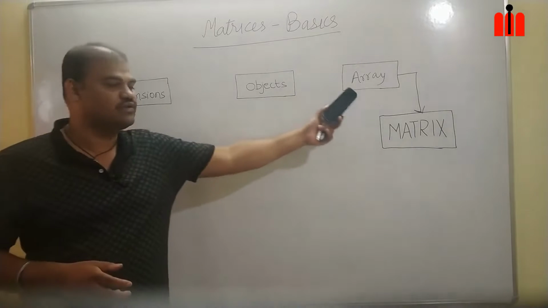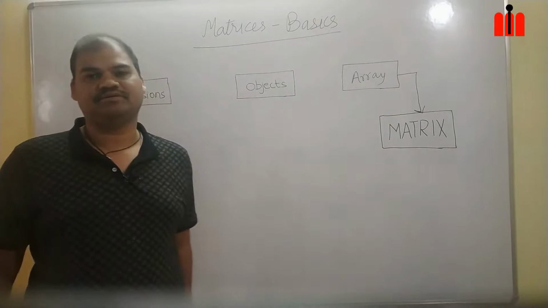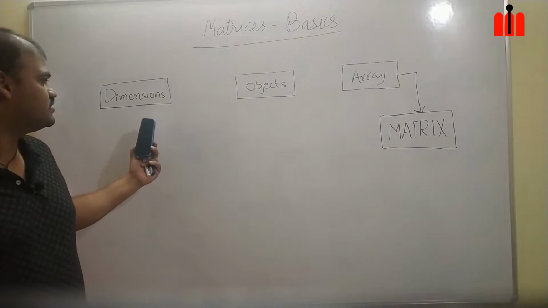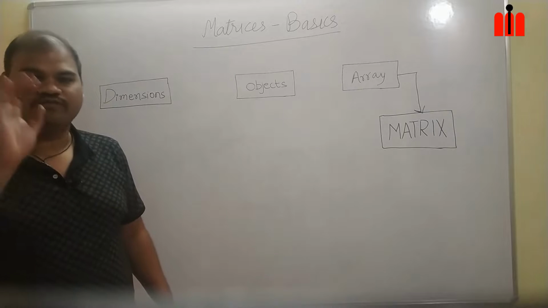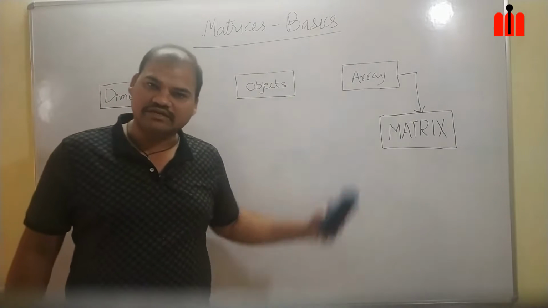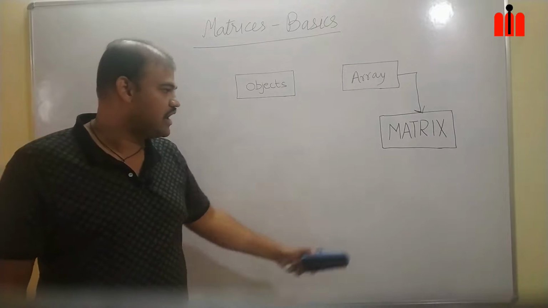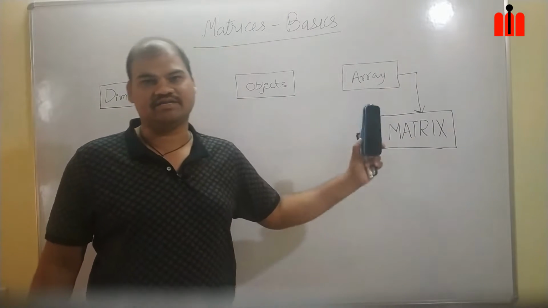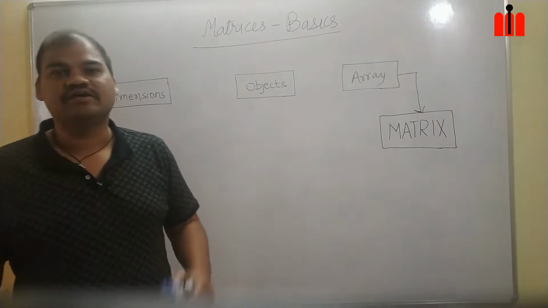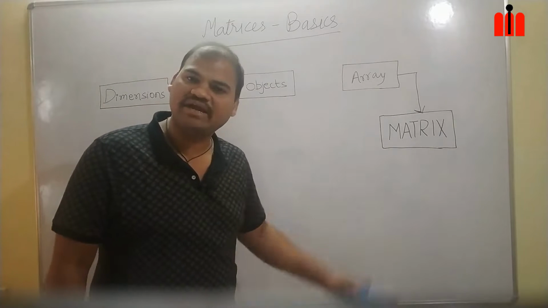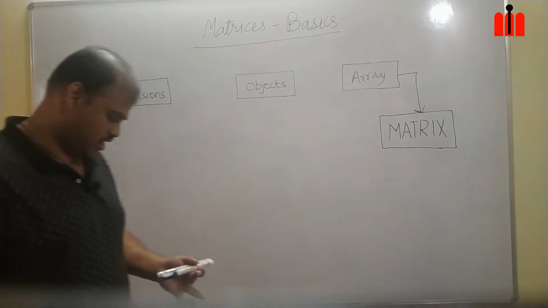I had used three terms over here: dimensions, objects and arrays. Now we will connect these three terms and understand how we get the matrix. Okay, now let's get started.